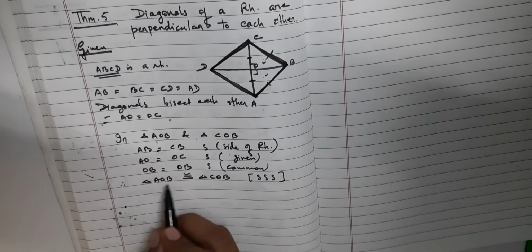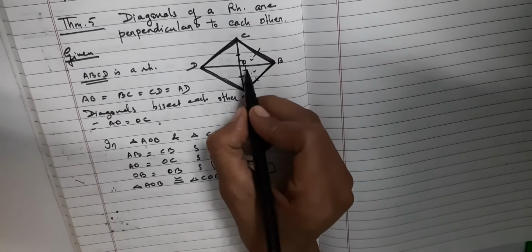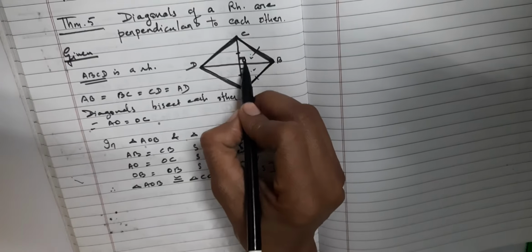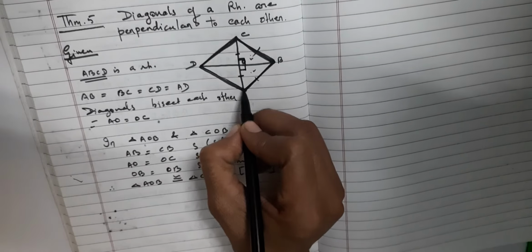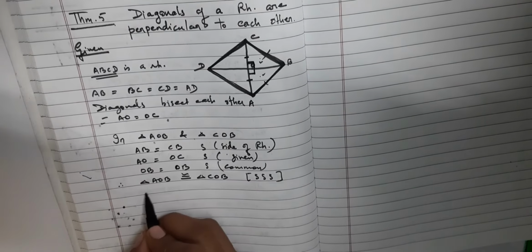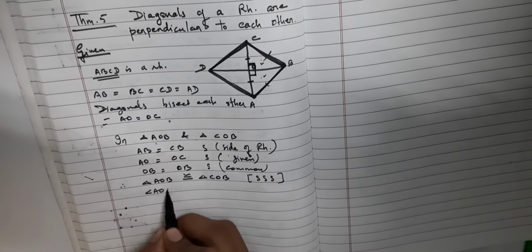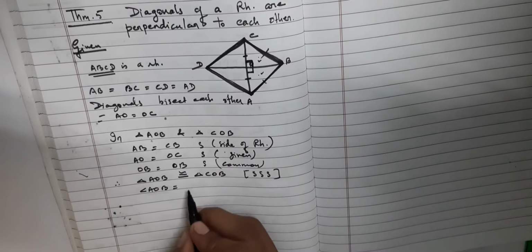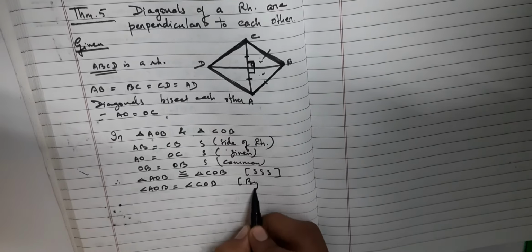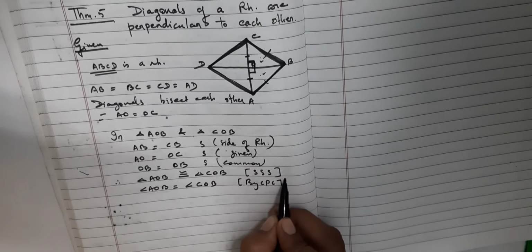Once these two are congruent, we can say that this angle is equal to this angle, isn't it? Suppose you say this angle is AOB. So we can say that angle AOB is equal to angle COB by CPCT, right?